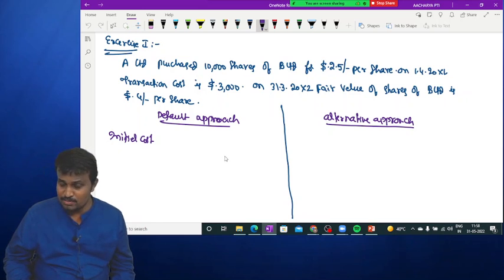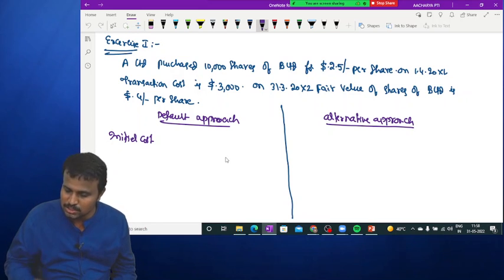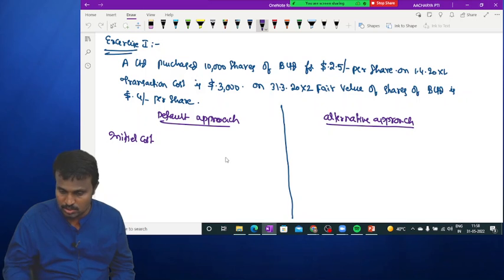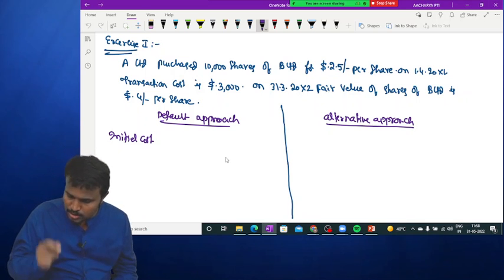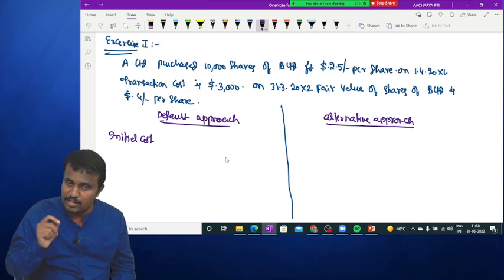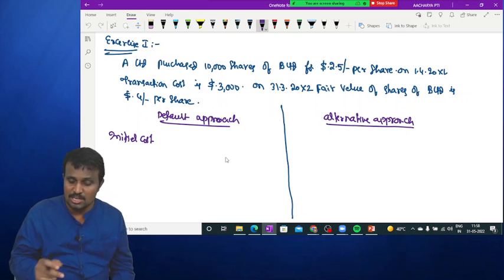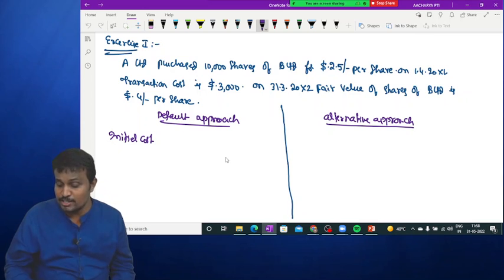Trading purpose means what is the name? Fair value through profit and loss. Remember these words. Default approach is followed in case of fair value through profit and loss. Alternative approach is followed in case of fair value through other comprehensive income. Clear?